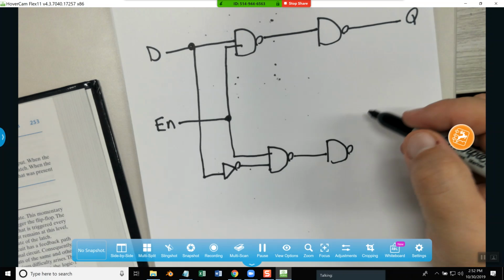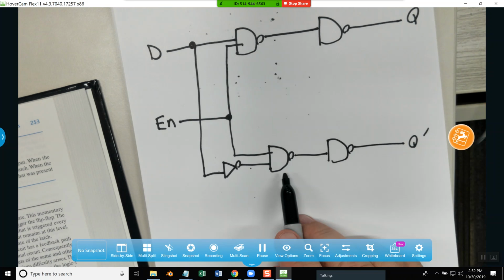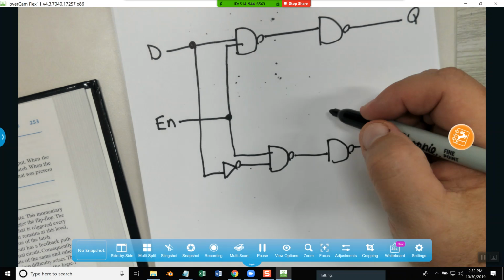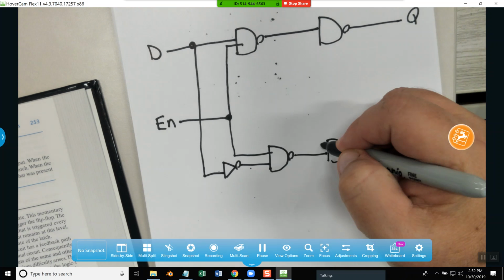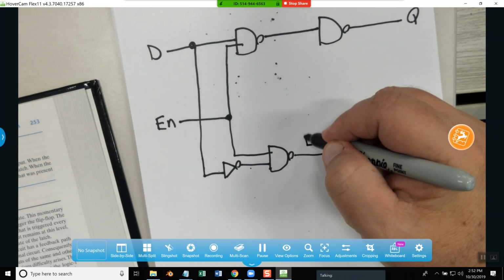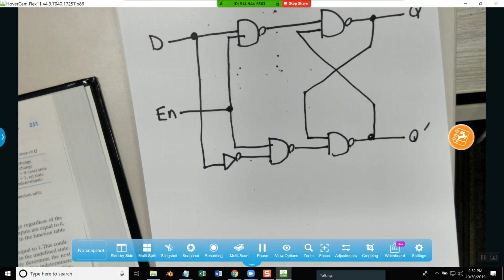As long as the enable input is 0, the cross-coupled SR latch has both inputs at 1 level, and the circuit cannot change state regardless of the value of D. Okay, so I have 0 coming in here. 0 times anything is 0. Inverted becomes a 1. Down here, I have 0 coming in here. 0 times anything is 0. Inverted becomes a 1.